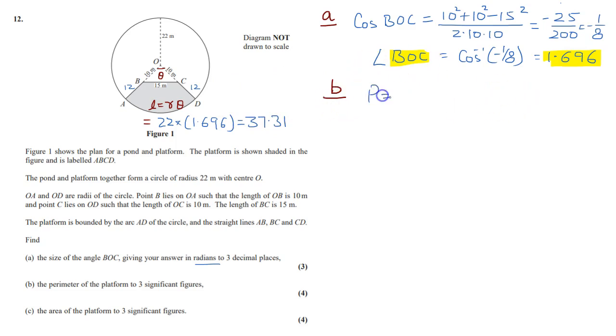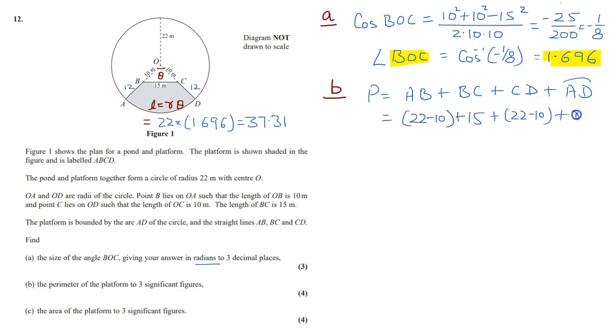So the perimeter will be AB plus BC plus CD plus AD arc. AB is, you can write here, 22 minus 10, plus BC is 15, CD is 22 minus 10, and this is r theta.